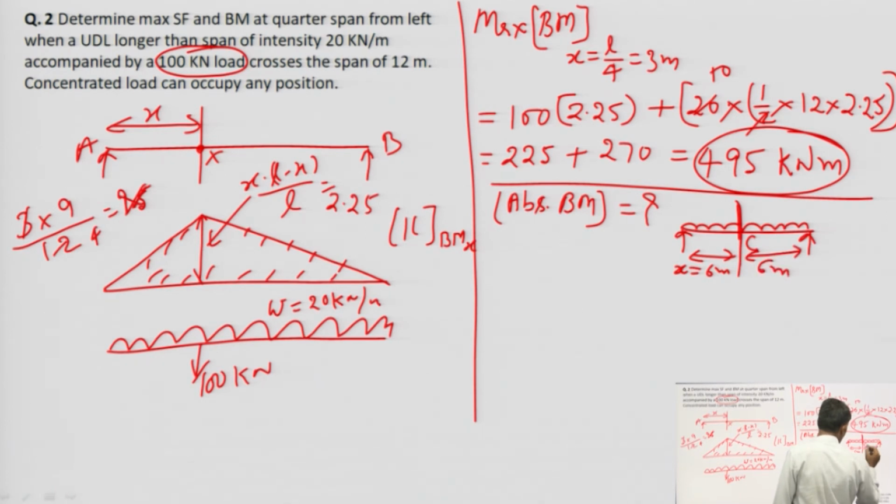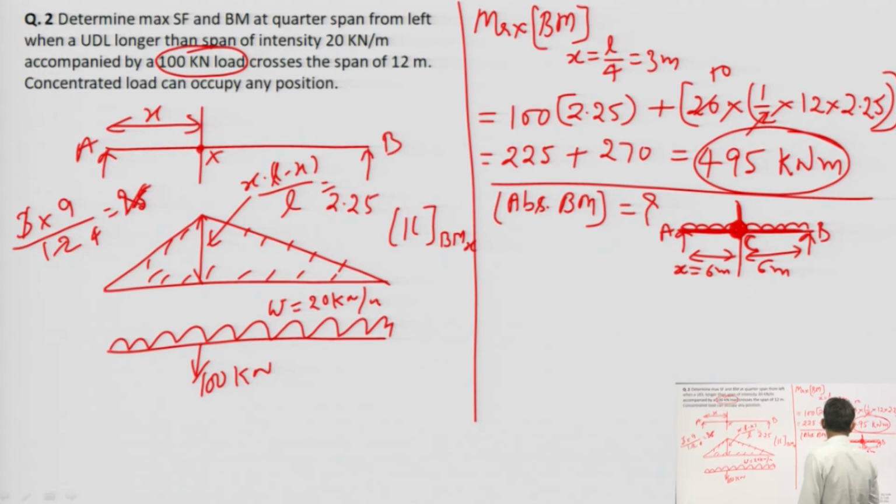Okay, so here A B. Loading in the left segment and the right segment is the same. If this condition is there, then we will get the maximum bending moment at this section, due to same loading in left and right.